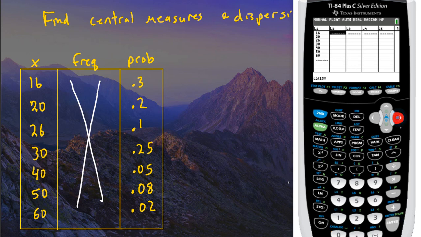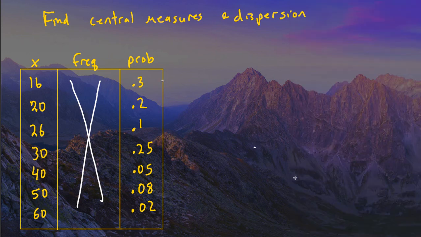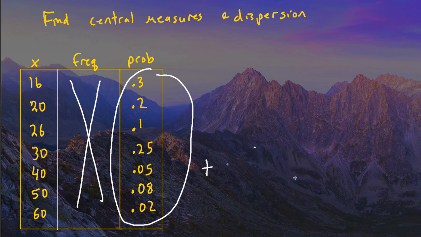And now in list 2, we'll put our probabilities. 0.3, 0.2, 0.1, 0.25, 0.05, 0.08, 0.02. Now, before continuing, these probabilities, if I add them all up, I should get a 1, meaning 100% of the data. So we want to make sure our probabilities add up.